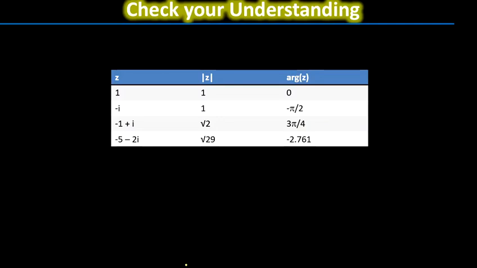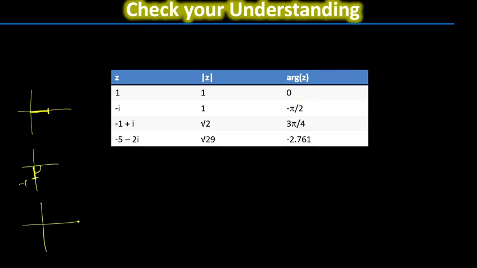If you have the complex number 1, its modulus is 1 and argument is 0, because 1 is a purely real number, so you have 0 angle. If it is negative iota, somewhere here on the negative imaginary axis, the modulus is 1, but the argument is negative pi by 2. Please check your understanding.